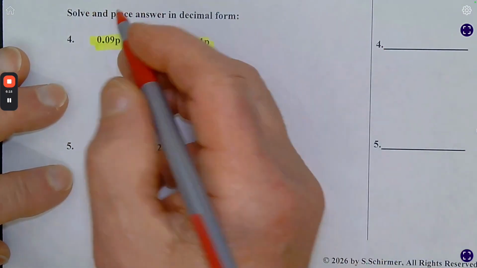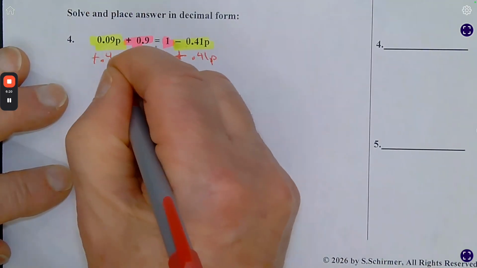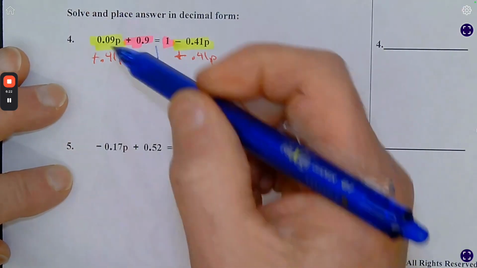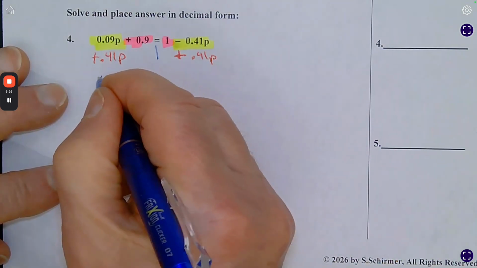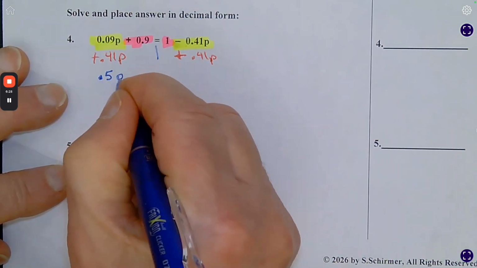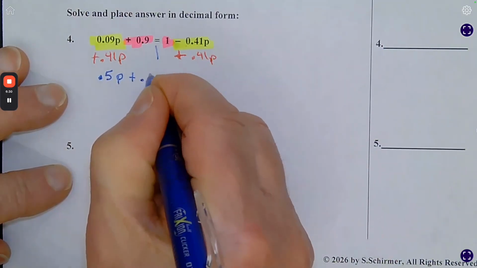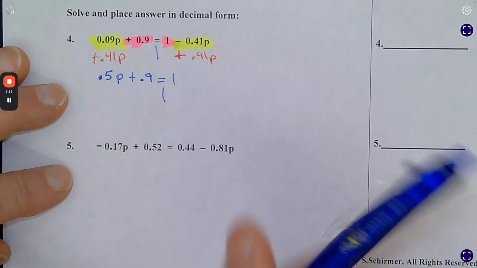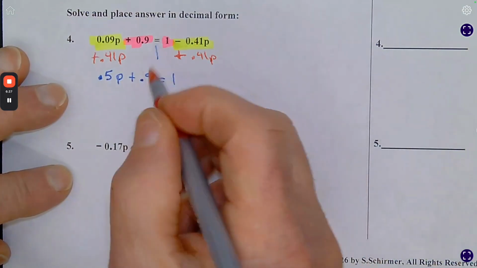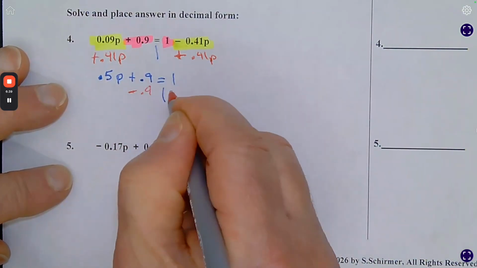Okay, and what I do to one side, I got to do to the other. Line up everything that is like, so hundredths and tenths. So that gives me 0.5p plus 0.9 equals 1. Okay, I'm going to inverse operation. So the opposite of plus 0.9 is minus 0.9.